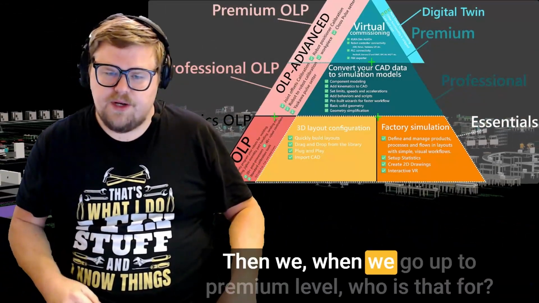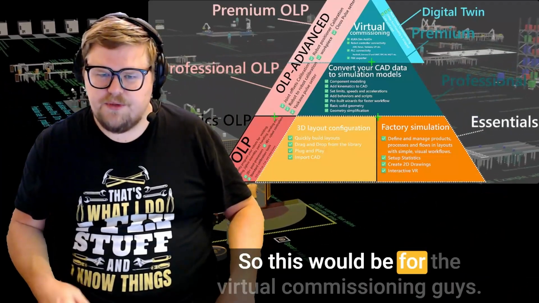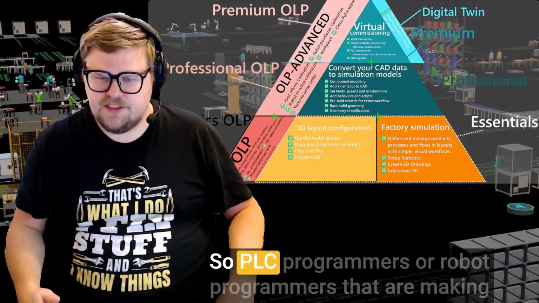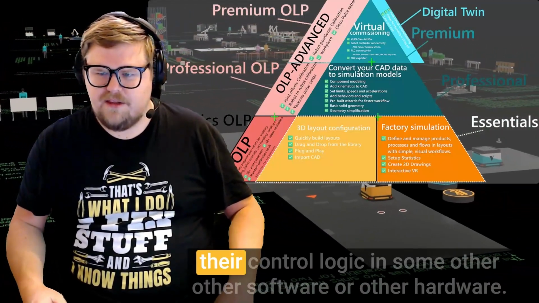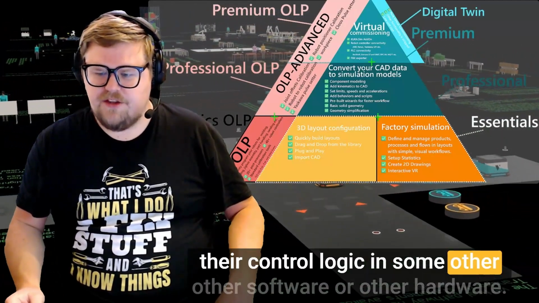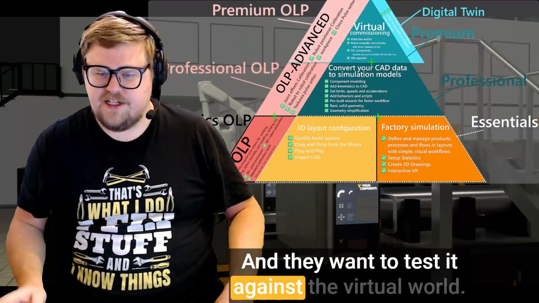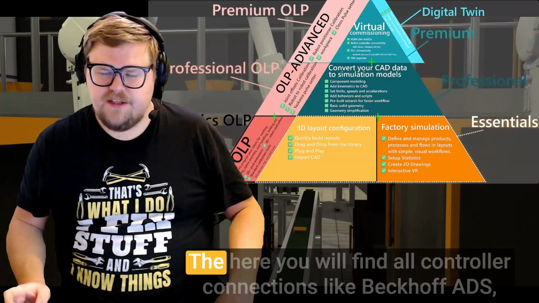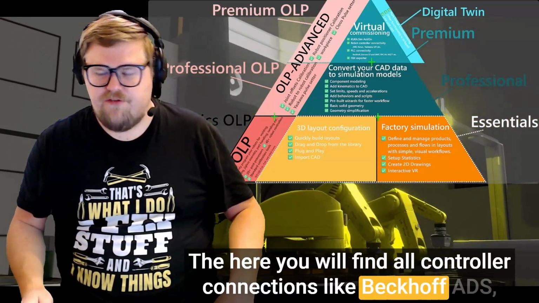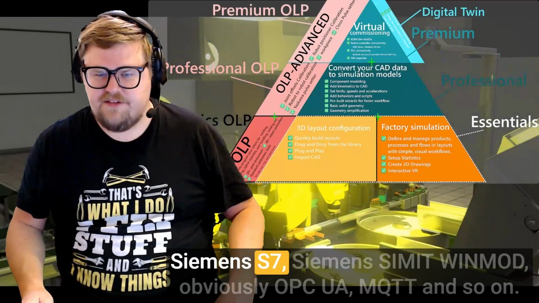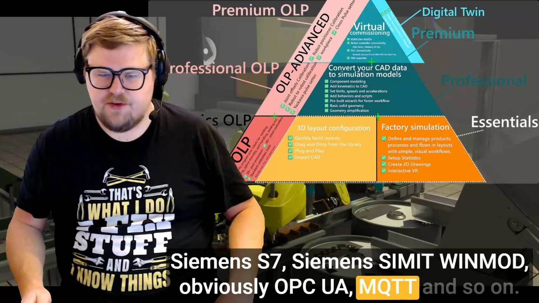Then when we go up to premium level, who is that for? So this would be for the virtual commissioning guys, so PLC programmers or robot programmers that are making their control logic in some other software or other hardware, and they want to test it against the virtual world. Here you will find all controller connections like Beckhoff ADS, Siemens S7, Siemens PLCSIM, WinMOD, OPC UA, MQTT, and so on.